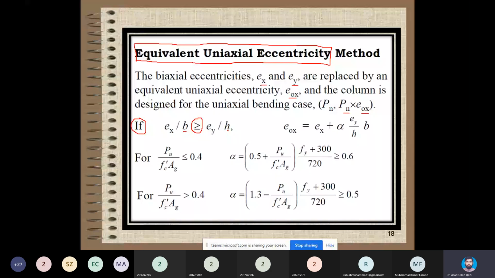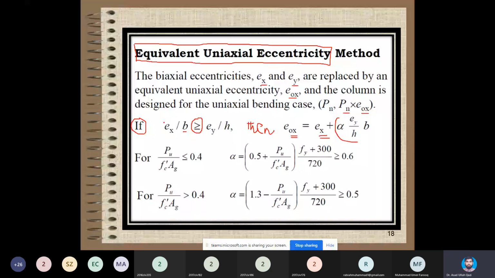Now what is this Ey over h into b? Look at this equation: Ex over b greater than Ey over h. If I keep Ex on the left hand side and take b as numerator, I cross multiply it, it will become numerator on the right hand side.